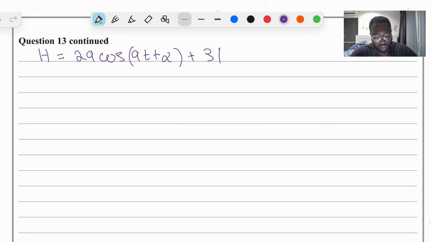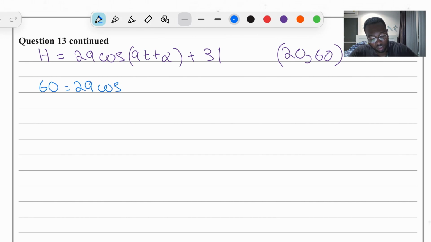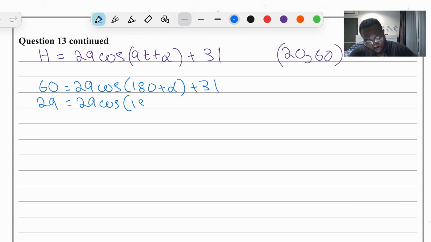If we make h equal to 60 and t equal to 20, then 60 equals 29 cos(90 times 20, that is 1800, plus alpha) plus 31. Bring that 31 to the side, we have 29 equals 29 cos(1800 plus alpha). Then divide by 29, we get 1 equals cos(1800 plus alpha).